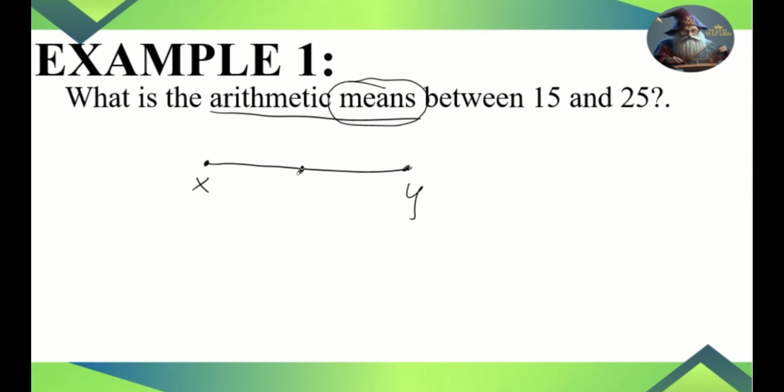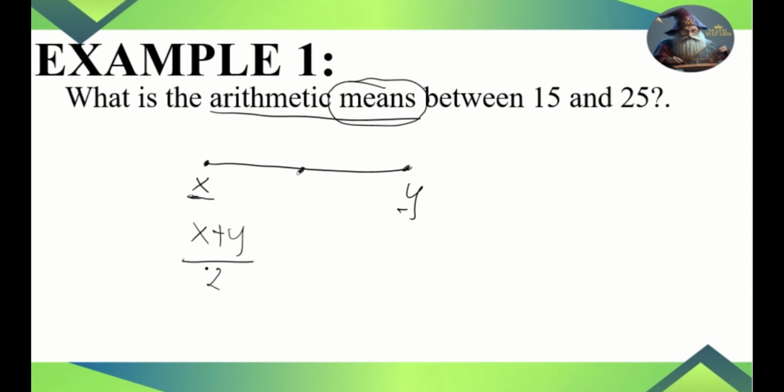So para makuha yung gitna or yung mean niya, ang gagawin natin dito, i-add natin itong x, itong first term, and the last term to get the mean. Okay? So in this case, x plus y divided by 2. Magdi-divide tayo ng 2 because we are dividing two non-consecutive terms.